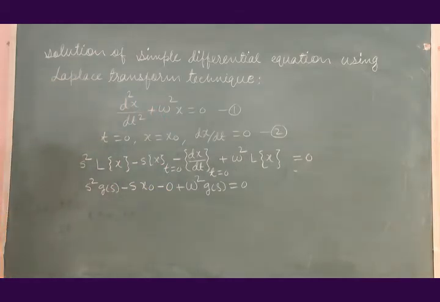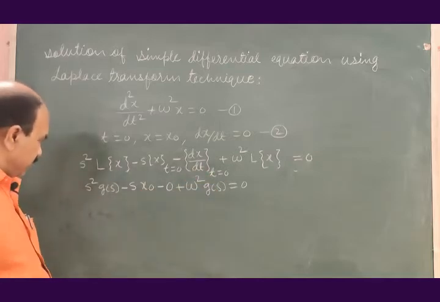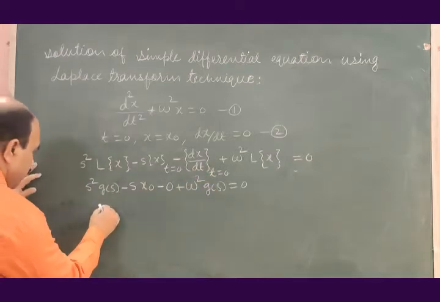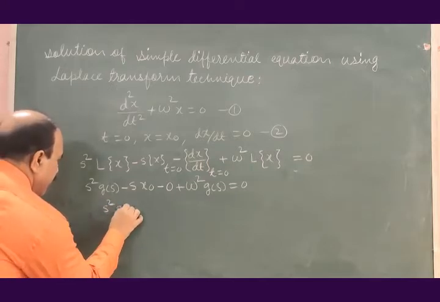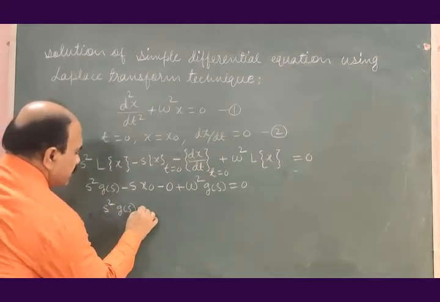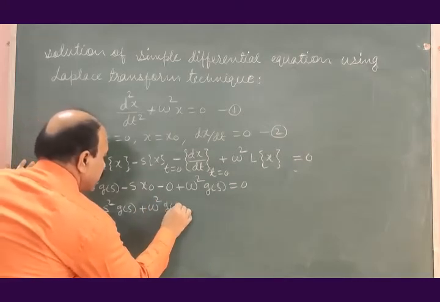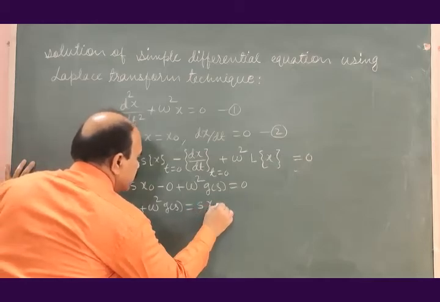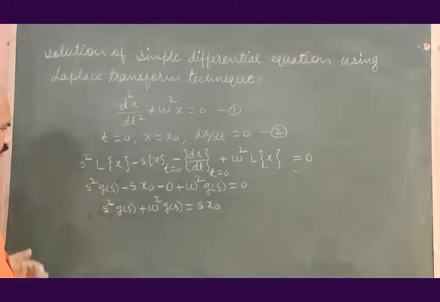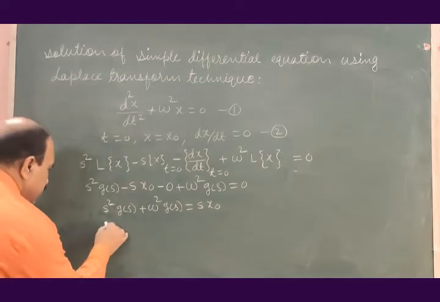Now, let us transfer this to other side and we will have this as s square g of s plus omega square g of s is equal to s into x0. G of s can be taken common.